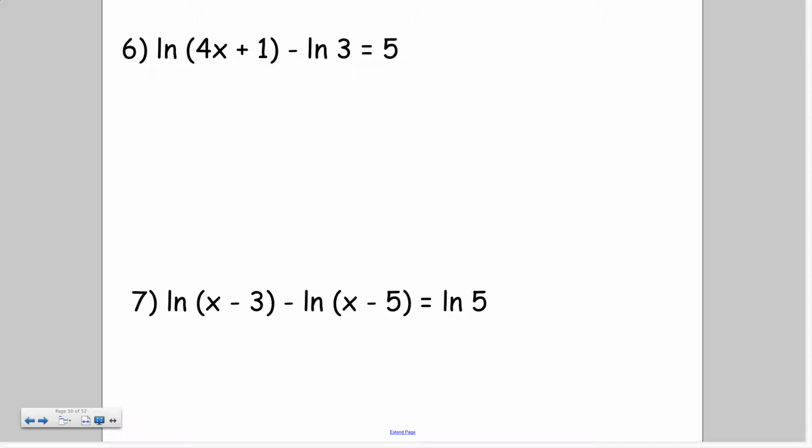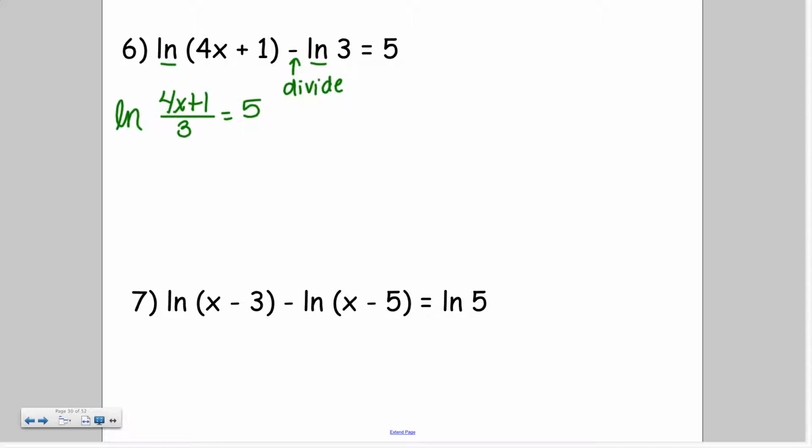But number 6, we have an LN on one side. So it's not going to cancel out, but we need to condense first. So we're going to divide it. So we have the LN, and it's 4x plus 1 over 3 is equal to 5. All right.